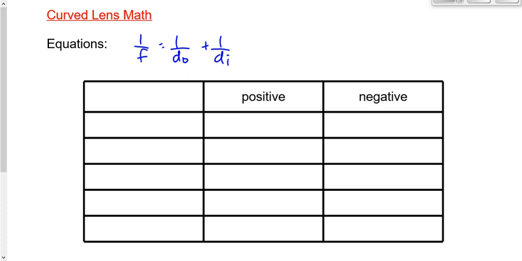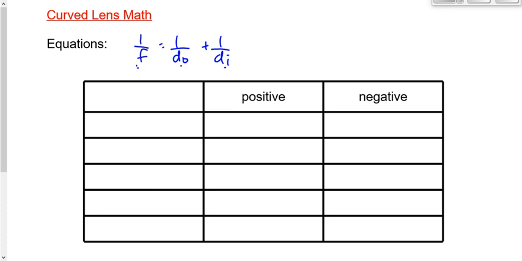As long as you're consistent, we get the same units in every term, which means the units end up canceling. Now, I would go with whatever units you're given in the question, but if you're uncomfortable with that because you're so used to converting to meters, then go with meters, because it will work. It just means a little bit of extra work that you don't need to do in these questions. So 1 over f equals 1 over do plus 1 over di, in whatever units you want, as long as you're consistent.